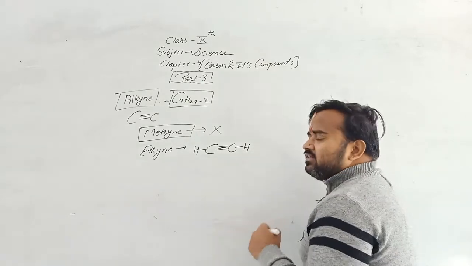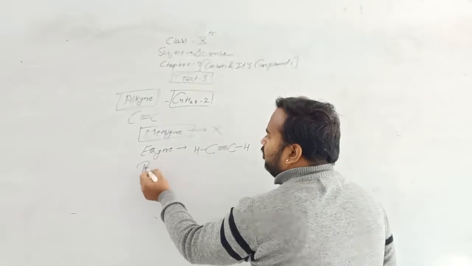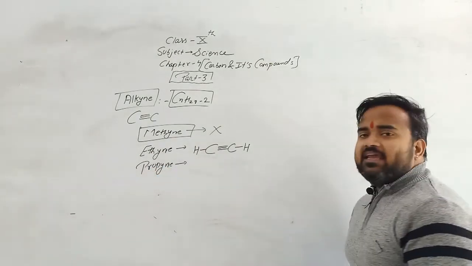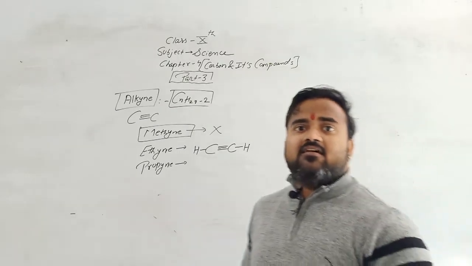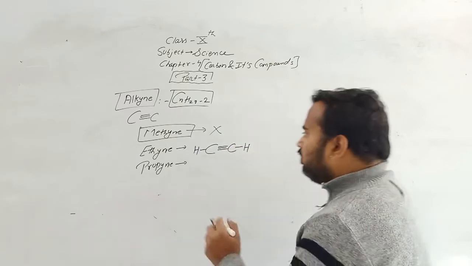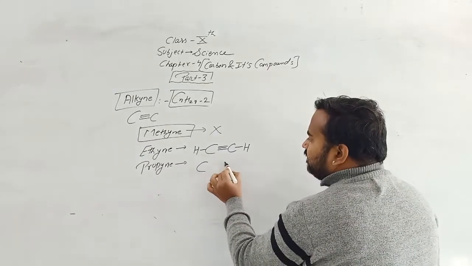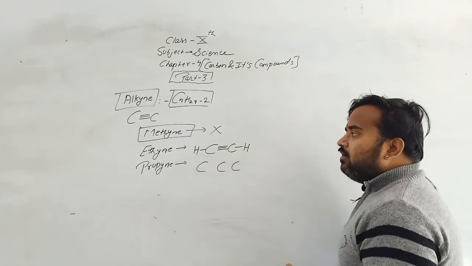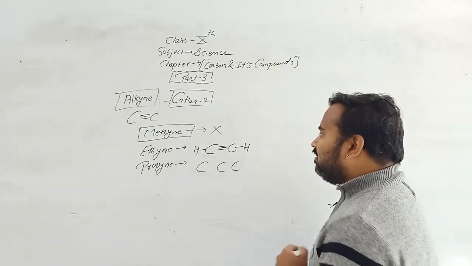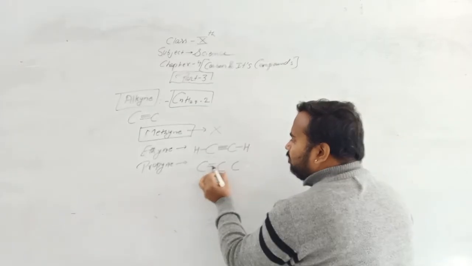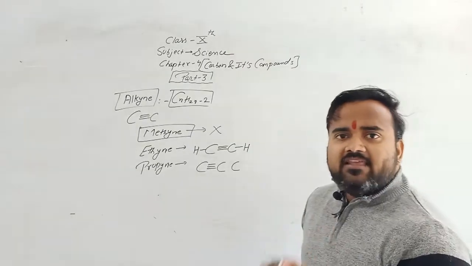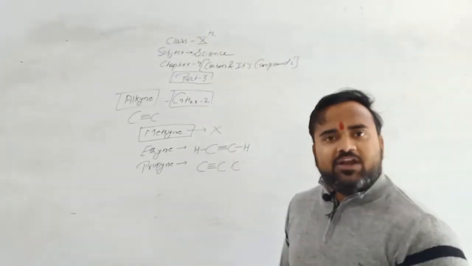Now if we draw the structure of propyne, as we have discussed, whenever there are 3 carbon atoms, the organic compound is known as propyne: methane, ethane, propane. If we draw a triple bond between any two carbons, for example here, now we'll satisfy the valency of carbon with the help of hydrogen.